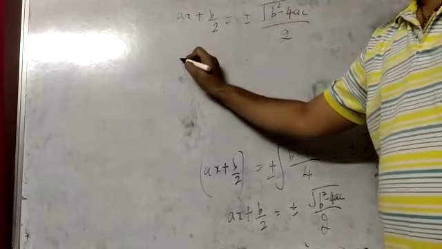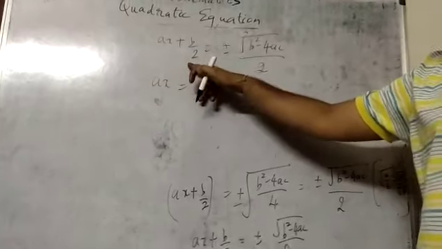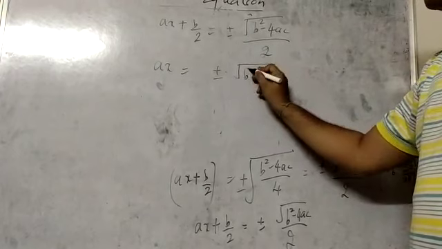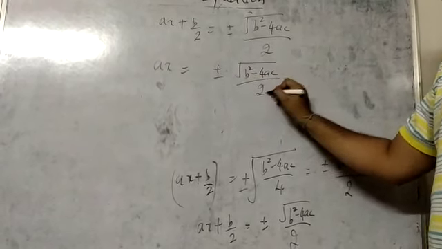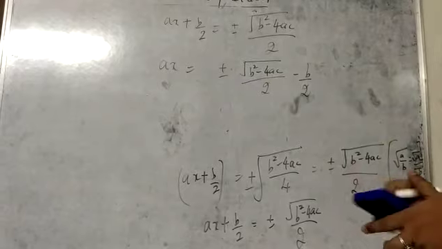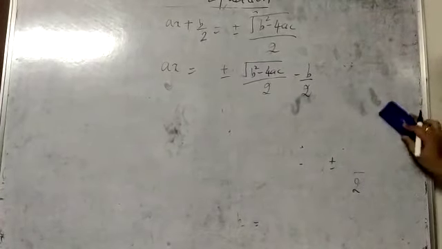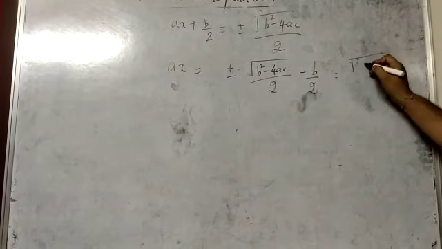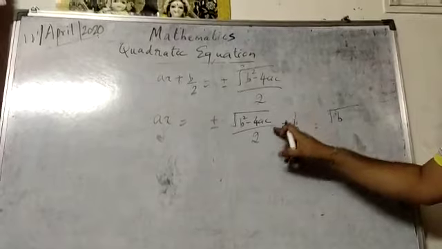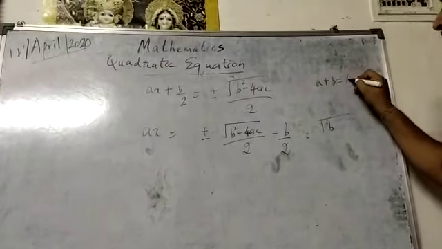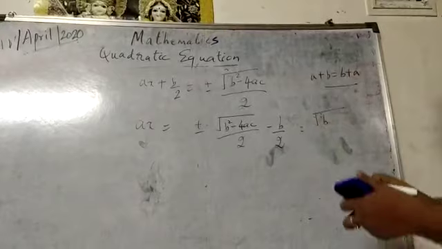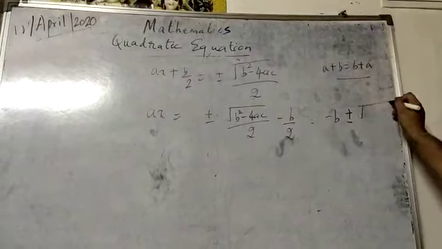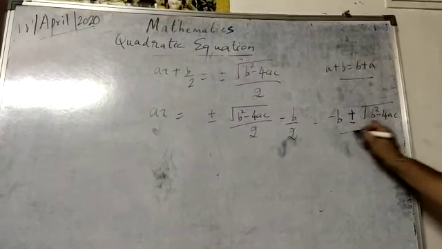Then this will be ax equals, when I transpose the plus b by 2 to the other side, I'll get it as minus b by 2. So plus or minus root of b squared minus 4ac by 2, minus b by 2. The LCM will be 2 itself, because the denominators are the same here. By the commutative property, a plus b is equal to b plus a, I'll write this as minus b plus or minus root of b squared minus 4ac by 2.